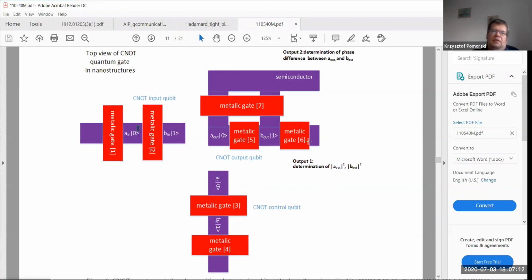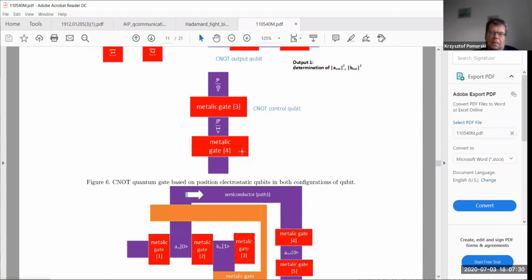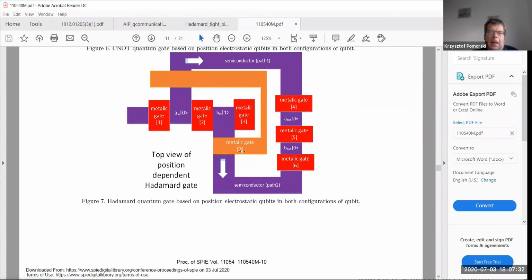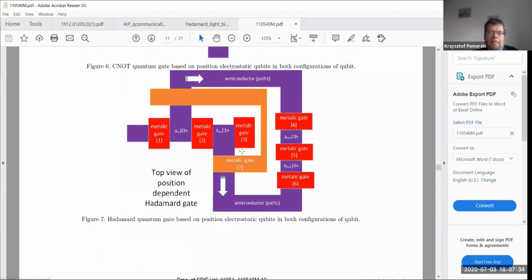And also you can have this output gate. On this output gate, you need to be able to read, so that's why it has such a configuration that the output qubit is generated here, and then you can do some specific readouts on it.